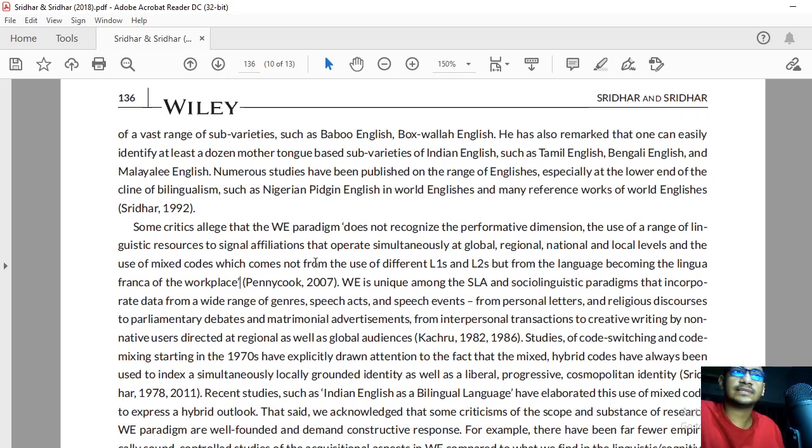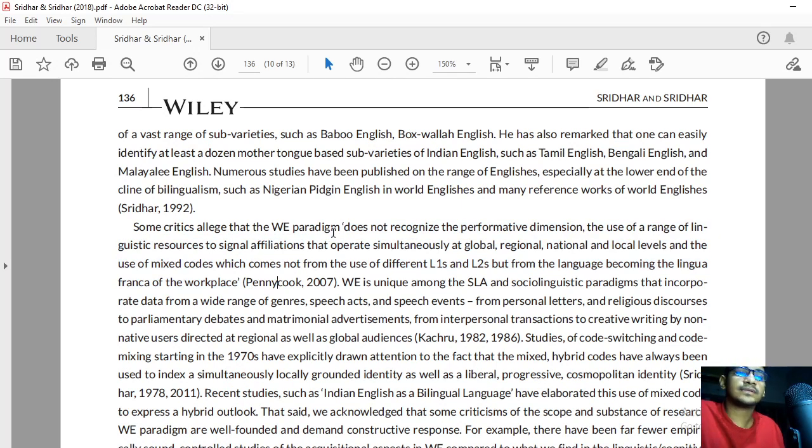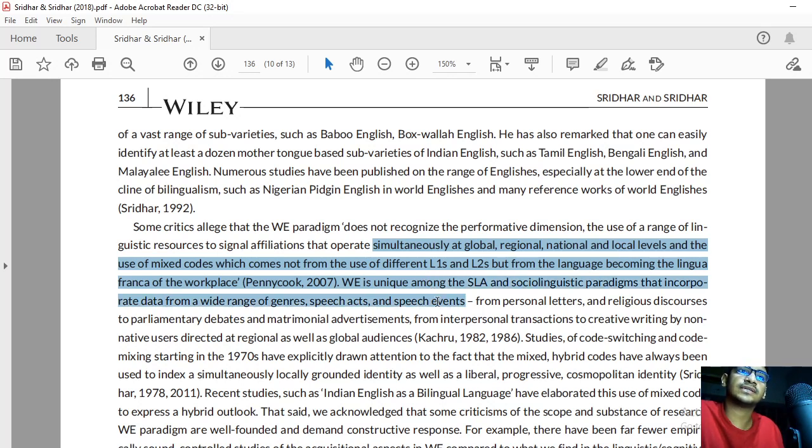So what it means, it's a quote actually from Pennycook. Here what the writers mean is that another criticism is that, as we said, code switching happens, code mixing happens. We speak in the same sentence, there may be two, three or even more languages used together in the same conversation.